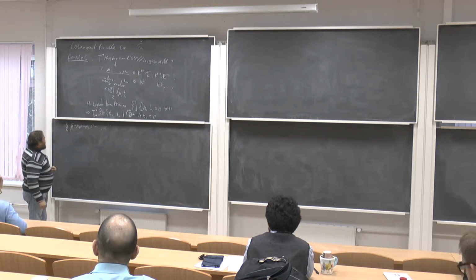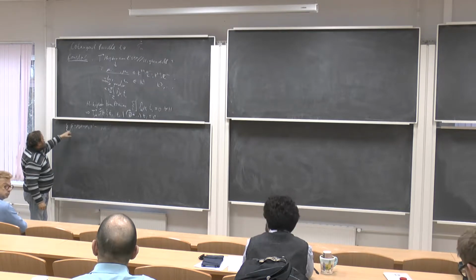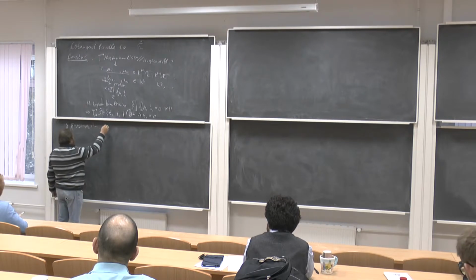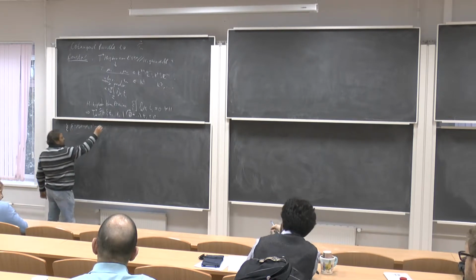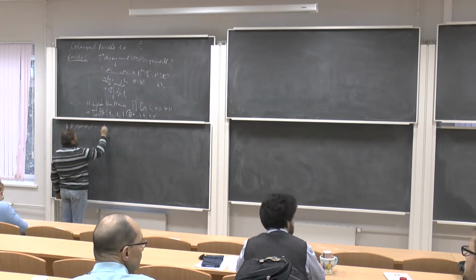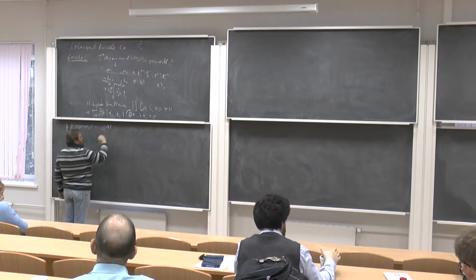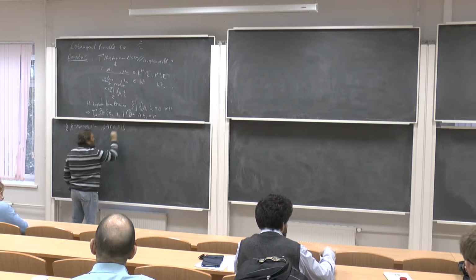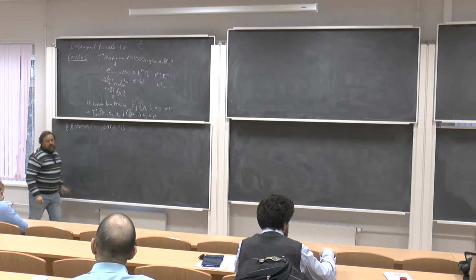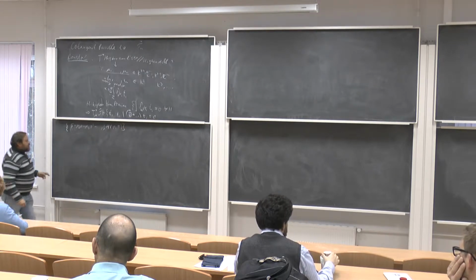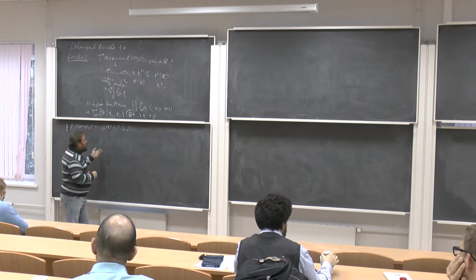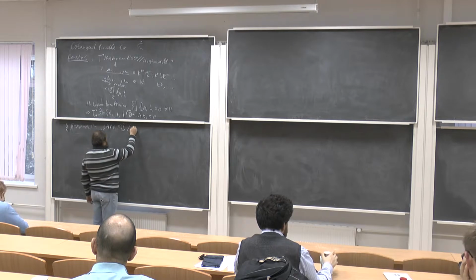P bar minus something, and you can compute the bracket of that with h, which depends on p and p bar, which is just a function. You compute the Poisson bracket between the two, and you compute it modulo your ideal.